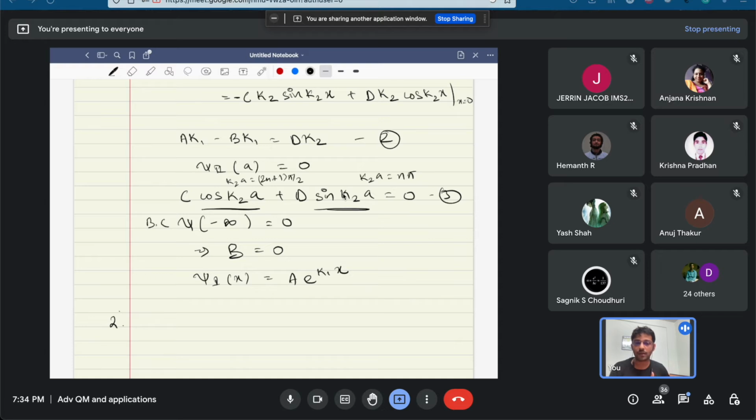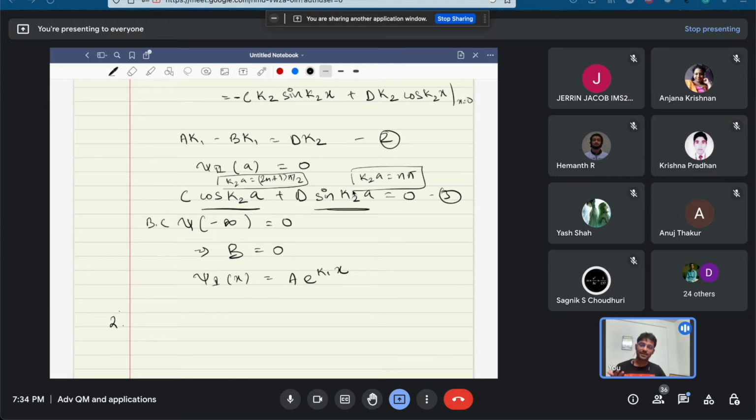There can be any number of infinite solutions. So you can put sin k2a as 0 and find C, or you can put cos k2a equal to 0 and find D. In each case, you can put these conditions, which I am marking in the box, to get the relevant solution that you want. So in such cases, you don't have a unique wave function. There can be different coefficients for these cases.